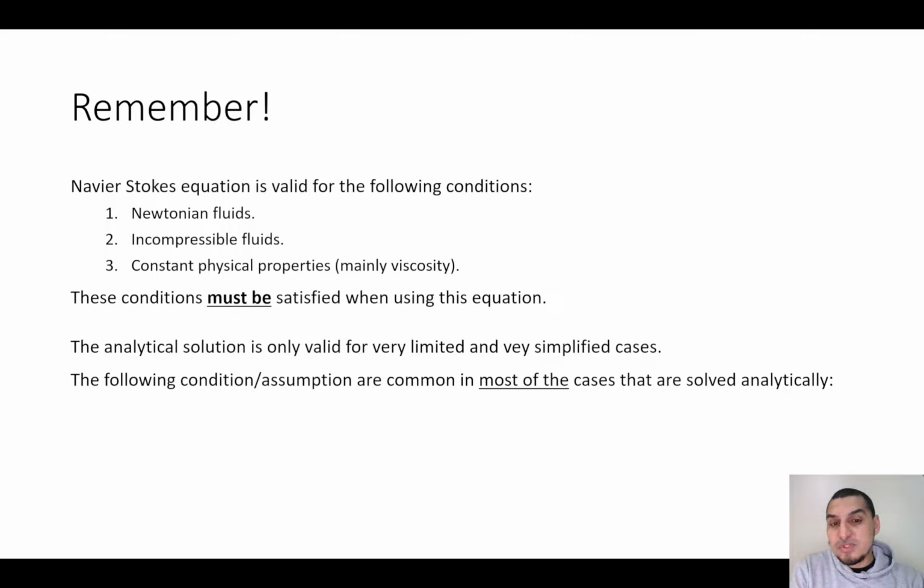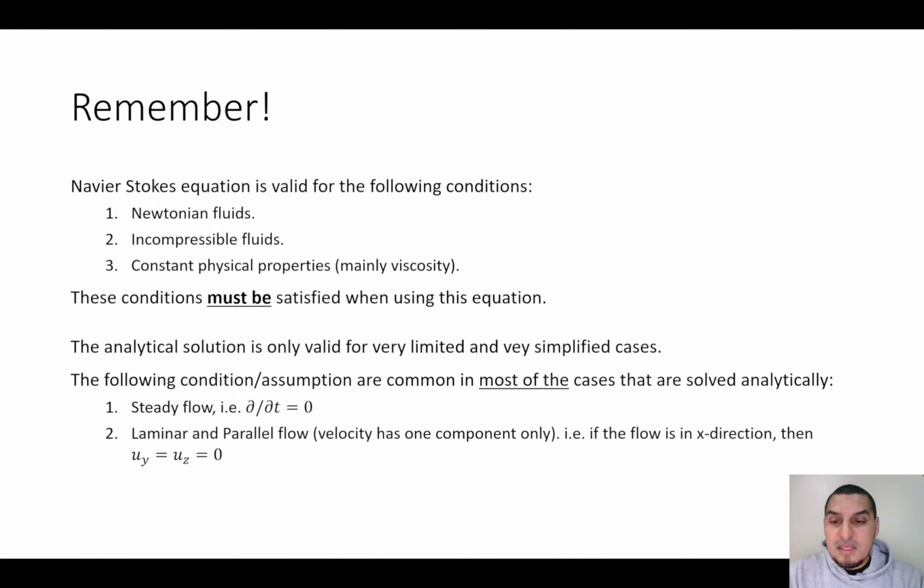There are some assumptions that I would say in 99% of the cases are valid. We deal with steady flow, and this is something you'd see in the problem statements. The second is we deal with laminar and parallel flow.